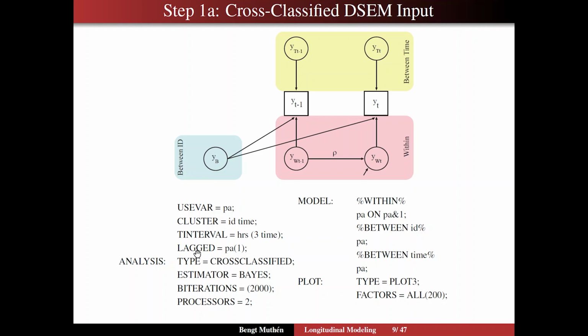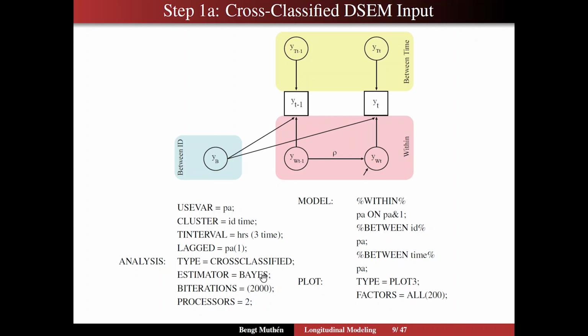And we work with the lag1 model, and that represents what we have here, a lag1 YW on YW t minus 1. We could have lag2, lag3 models as well, but we have a simple case here. The analysis then is type equals cross-classified, and the estimator is Bayes.